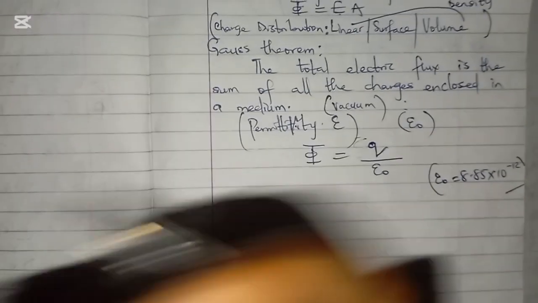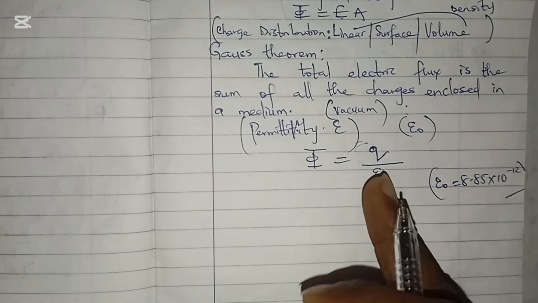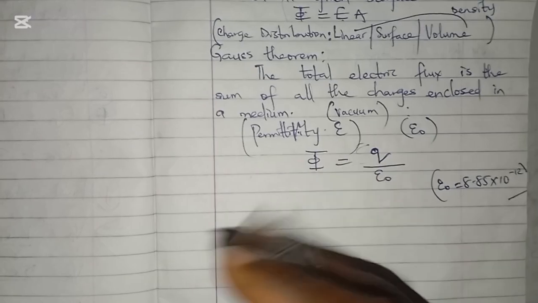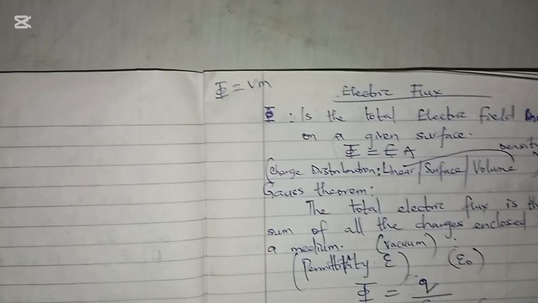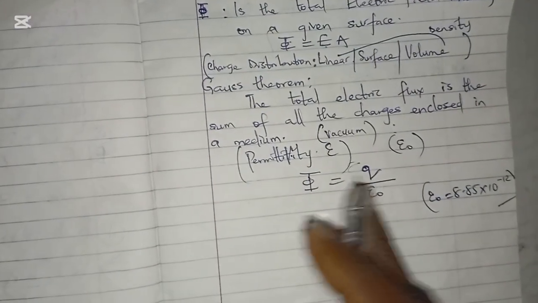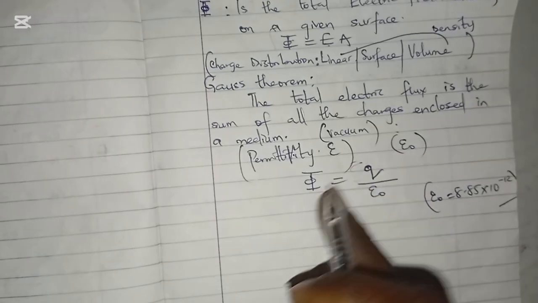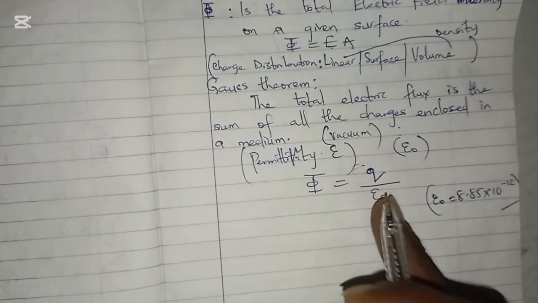I didn't memorize it, because if you want to get this, I know that electric flux is equal to volt meter. Right? So if I decide to make this the subject of the formula, this will come here and this will go here.